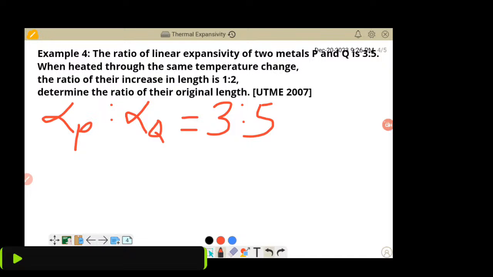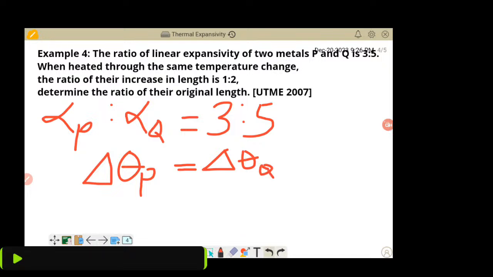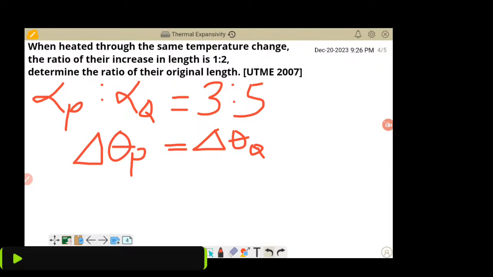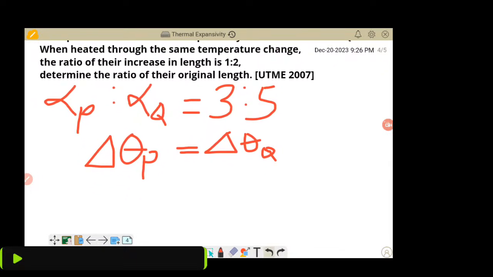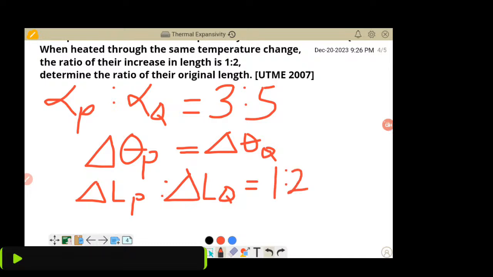When they are heated through the same temperature change, that is, their delta theta P equals delta theta Q. They experience an increase in length, delta L for P to delta L for Q, equal to 1:2.